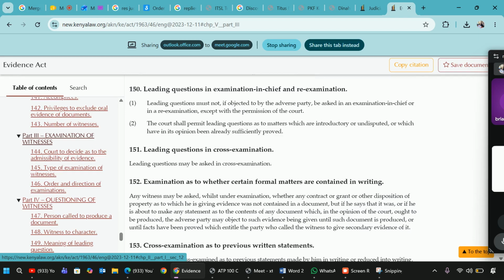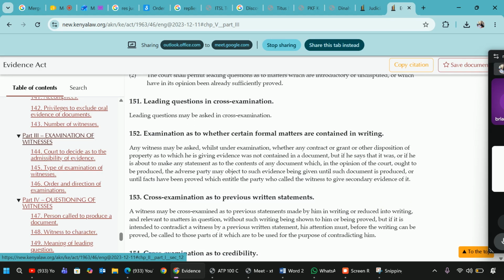151. Leading questions in cross-examination. Leading questions may be asked in cross-examination. 152. Examination as to whether certain formal matters are contained in writing. Any witness may be asked whilst under examination whether any contract or grant or other disposition of property as to which he is giving evidence was not contained in a document.